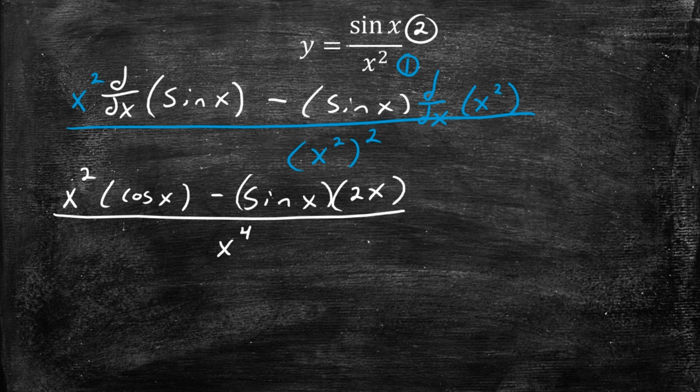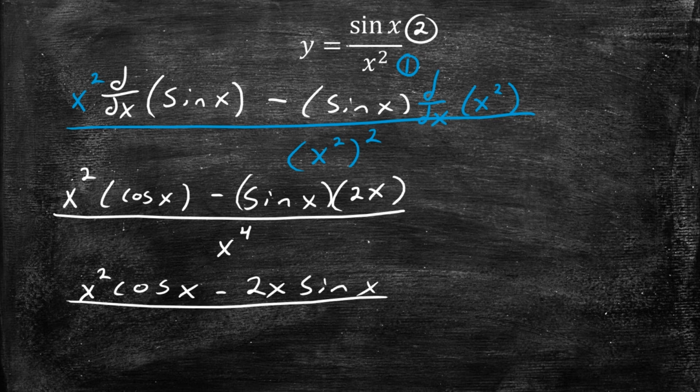All right, so let's continue simplifying here. We got x squared cosine of x minus 2x sine of x, all divided by x to the 4th.